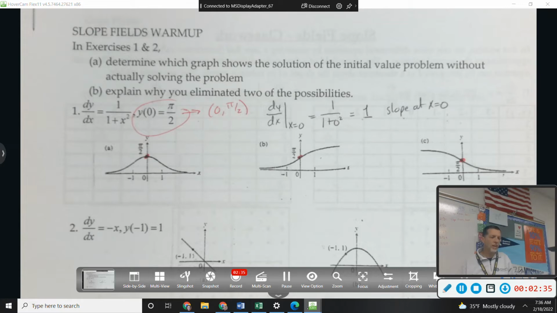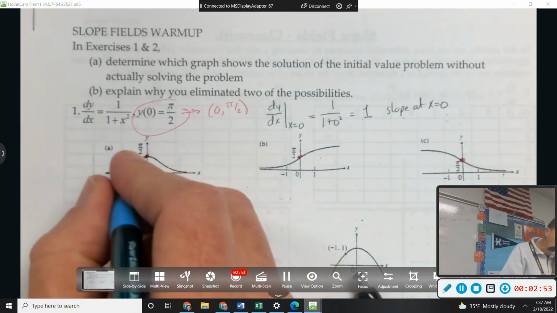So look at your answer choices, A, B, and C. Which one of those at x equals 0 has a slope of 1? Let's sketch the slopes at 0.